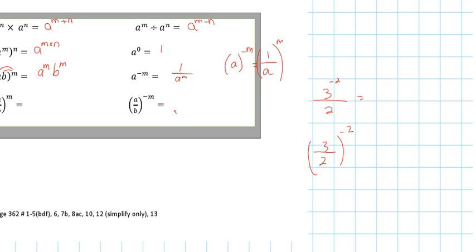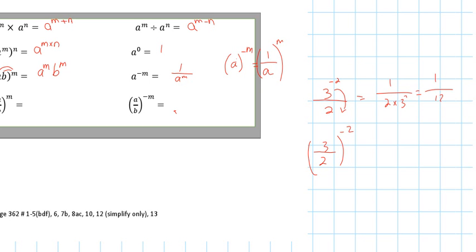The 2 is going to stay down there, and the 3 is going to come down to become 3 to the power of 2. This is very important. So only the 3 comes down to the denominator, and it becomes positive 2. So that's going to be 1 over 2 times 9, which is 1 over 18.